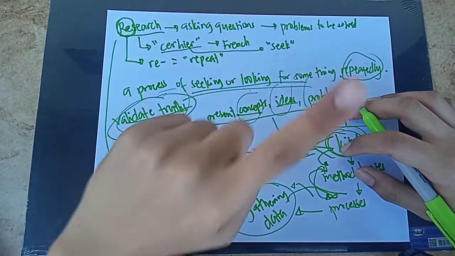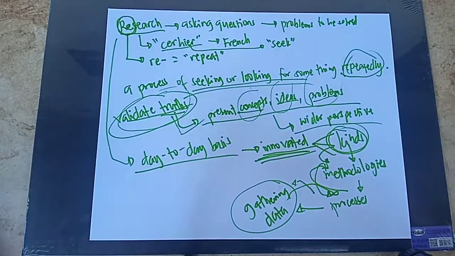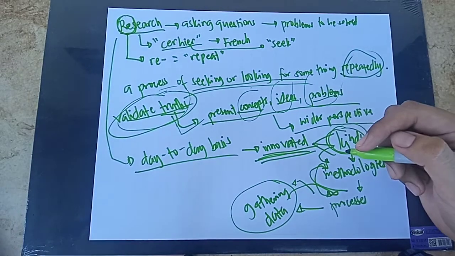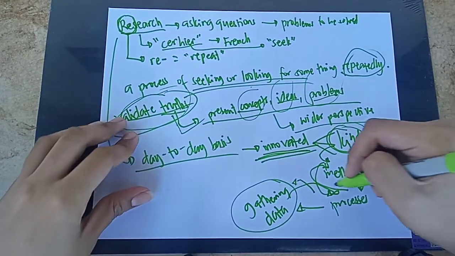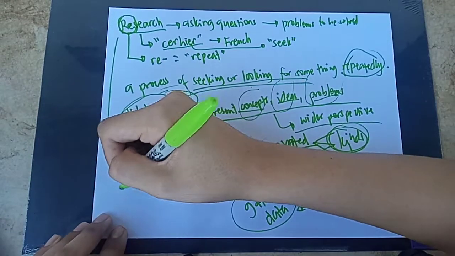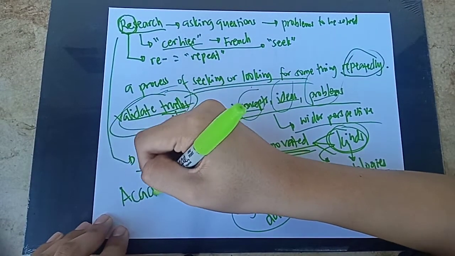One form of research which consists of a very well-disciplined or well-constructed methodology or scientific procedure is known as academic research.